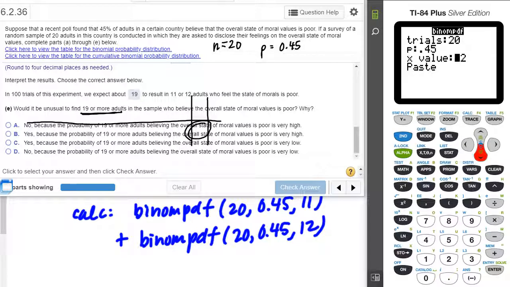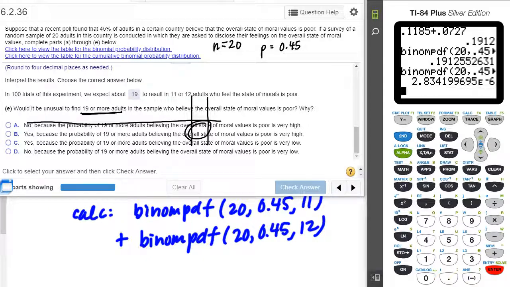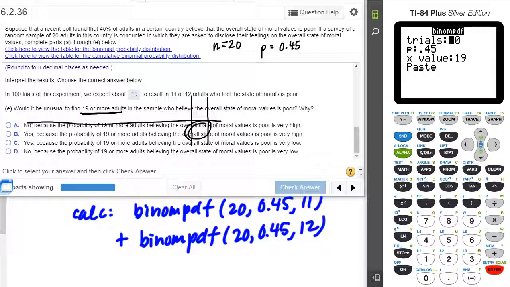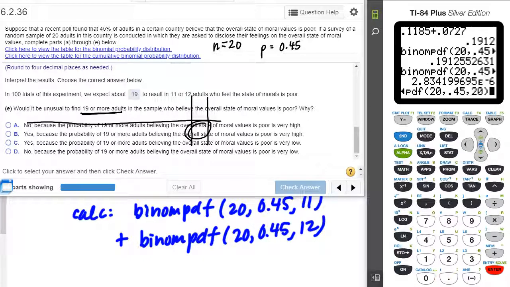For the 19 or more, maybe you do the PDF. For 19, that's e to the minus 6. That's very unusual, and you could even add to that the PDF for 20. In the same vein, the same thinking as we did with the 11 and 12, also e to the minus 6.